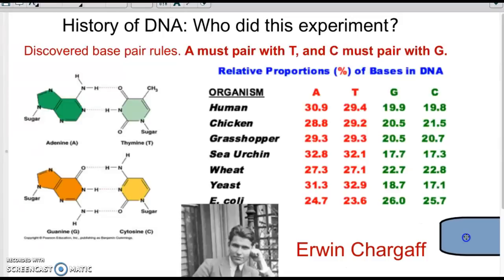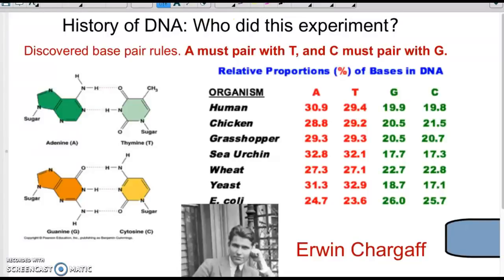Then there was Erwin Chargaff, who looked molecularly at the molecules of DNA, and he determined that the proportions of the nitrogen bases matched: the adenines equaled the thymines, and the guanine number equaled the cytosine number.